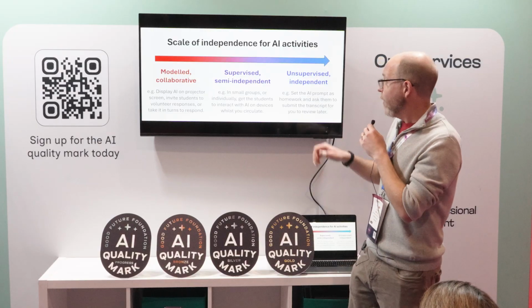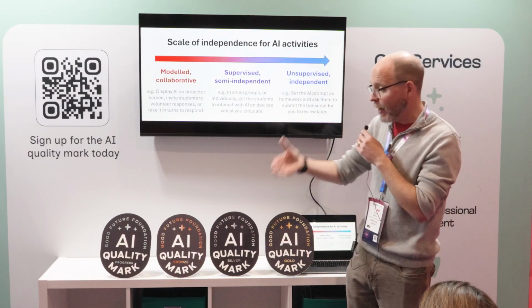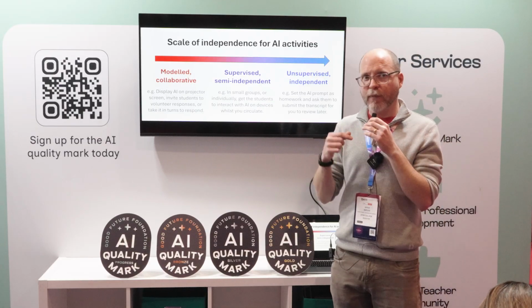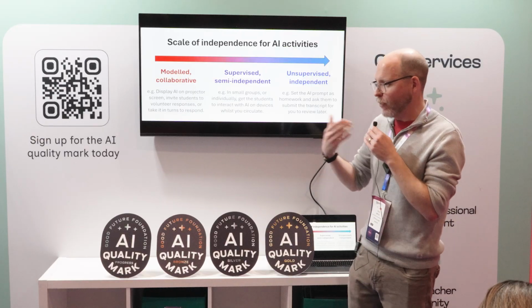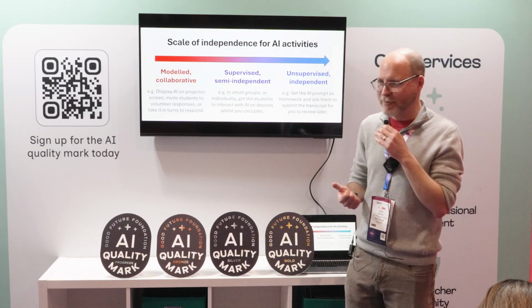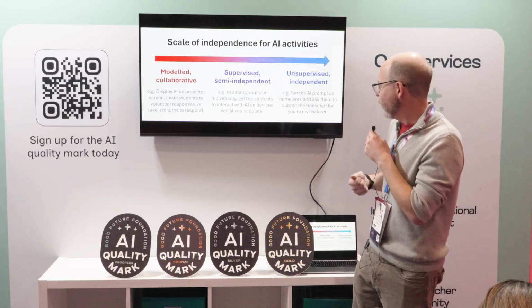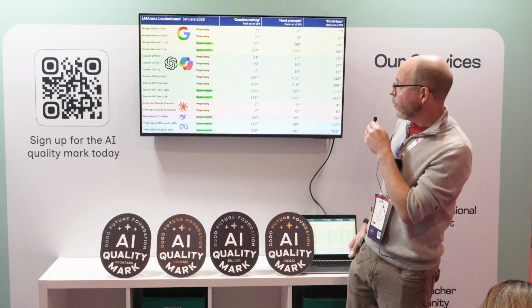Eventually, if you have this facility, you can get them to do it independently, or maybe for homework on their own logins. It doesn't involve having school-owned AIs, because most of them, certainly 13 plus, will have ChatGPT or whatever already set up in their personal capacity for their private study, so you could use it in that capacity.